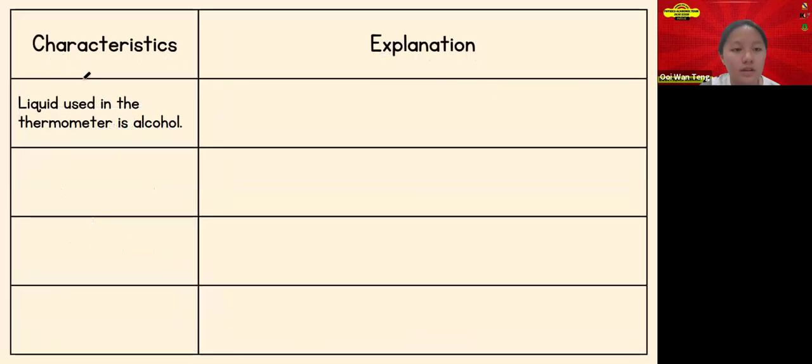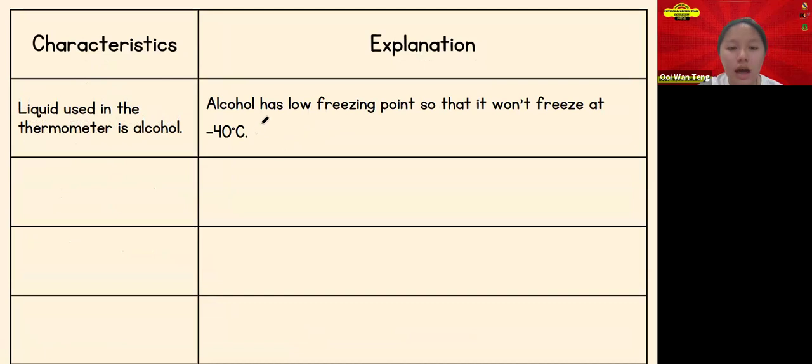Okay, so the first characteristic is liquid used in the thermometer is alcohol. But why? Alcohol has a low freezing point so that it won't freeze at -40 degrees Celsius.